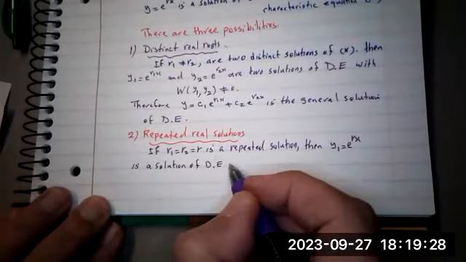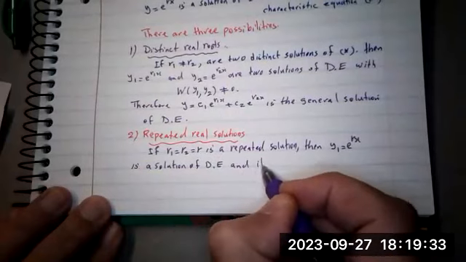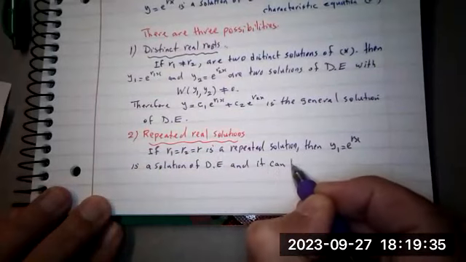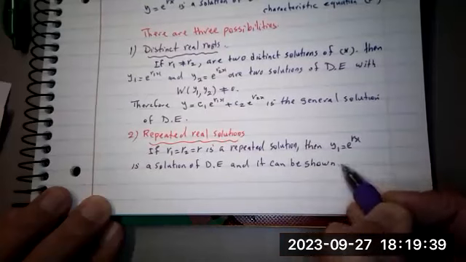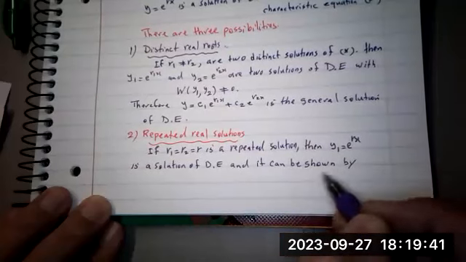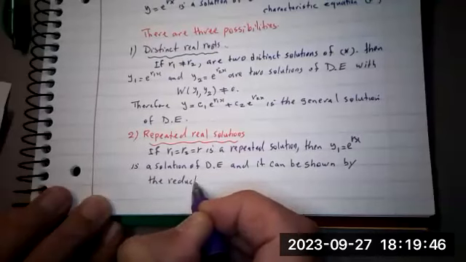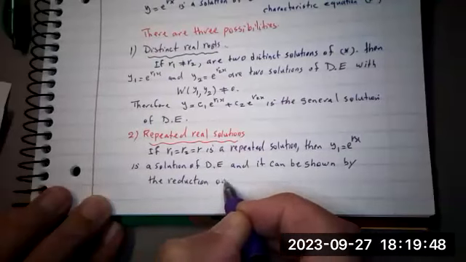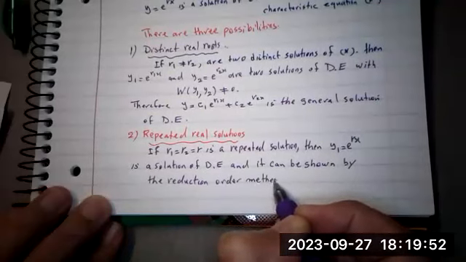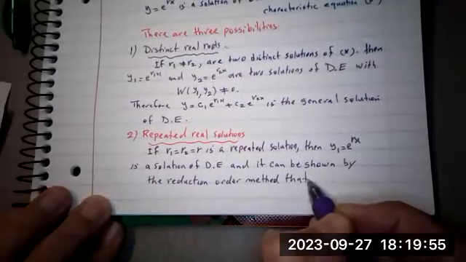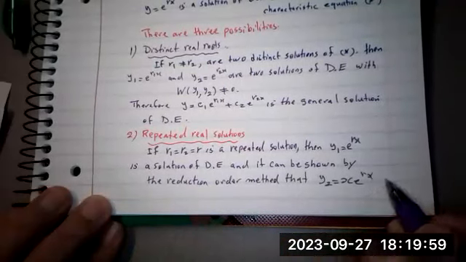And it can be proved or shown by the reduction of order method that y2 equal to x e to the Rx.